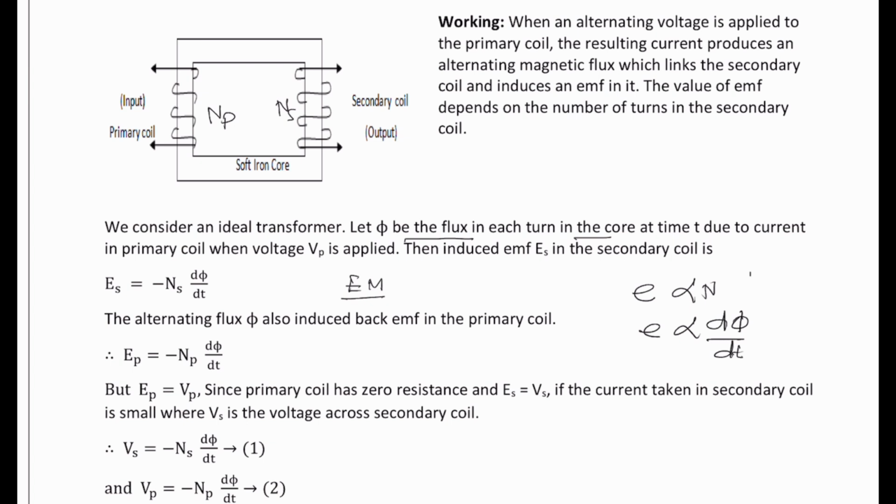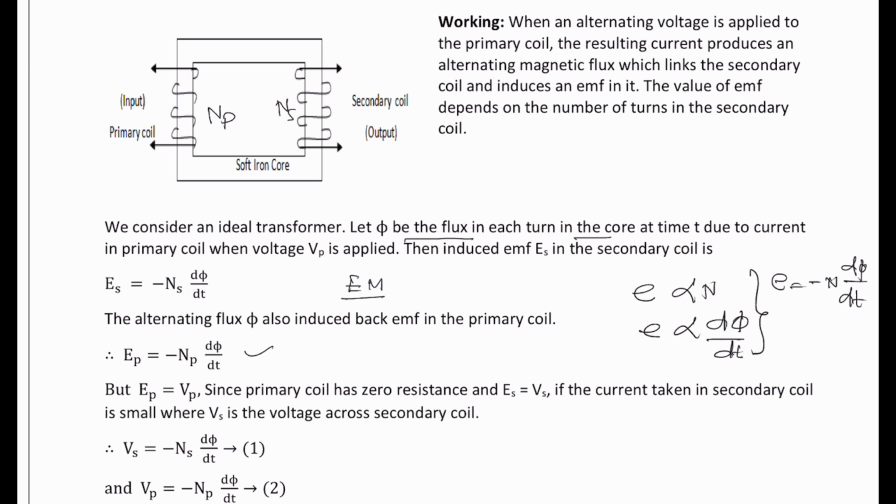Combining both, E equals minus N d phi by dt; the minus sign is there because it is an opposing EMF, and we will explain it when we discuss Lenz's law. Similarly in the primary, it is Np d phi by dt, the rate of change of flux in the primary.